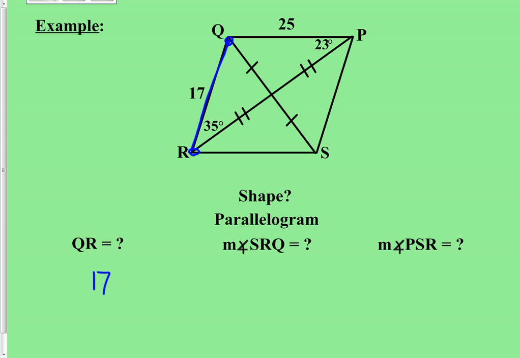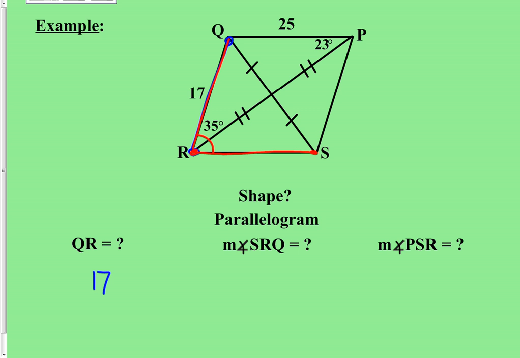How about the measure of angle SRQ? Well, let's see. Where is SRQ? From S to R to Q. So this is the measure of angle SRQ. Okay, now we can see that part of that angle is 35 degrees. I wonder what's going on with the other part of that angle.